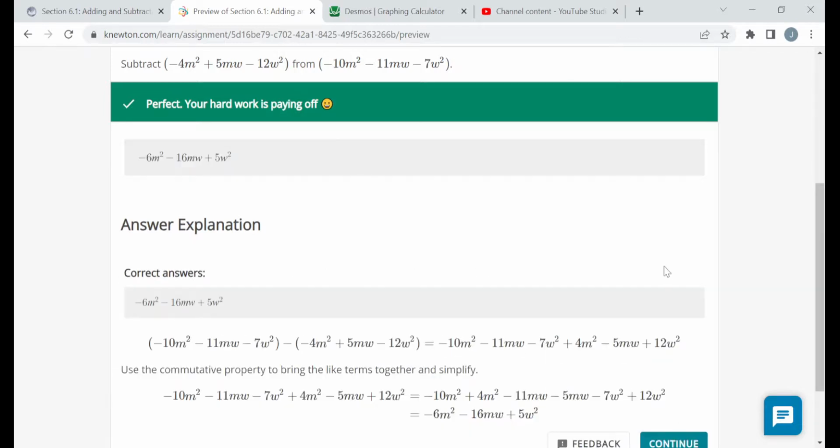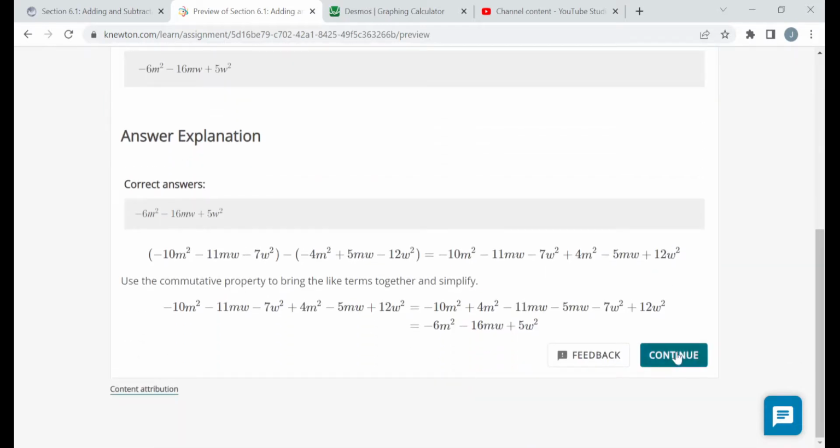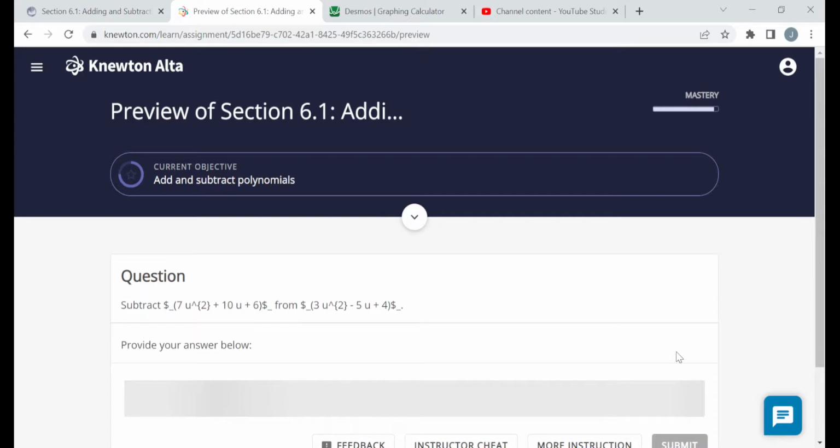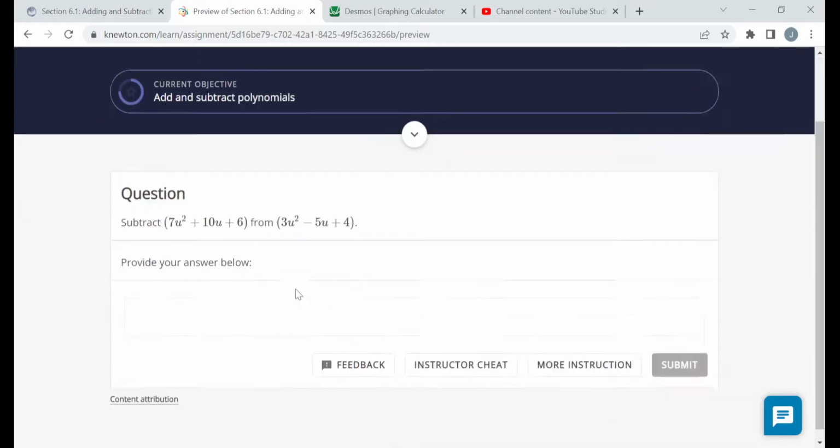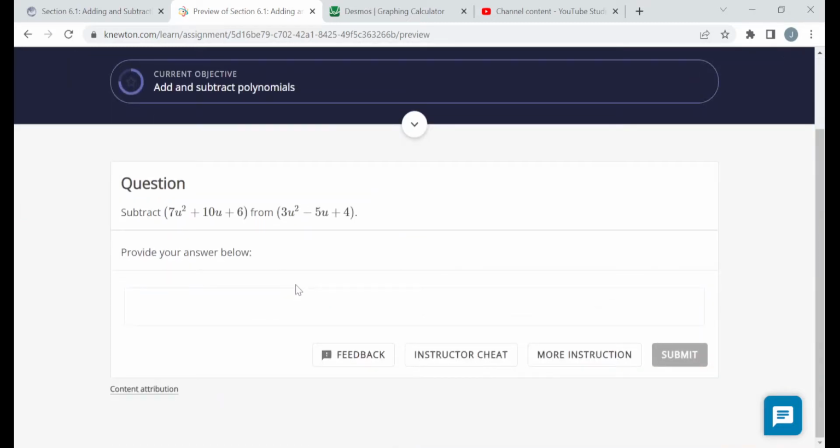Great. And based on my progress, I should have just one more of these. And it's another one where I'm subtracting. This time I'm just going to speak it out loud. This 3u squared minus 5u plus 4, that would go first, and I'm subtracting this second polynomial from it. So I'd have minus 7u squared, minus 10u, and minus 6, right?